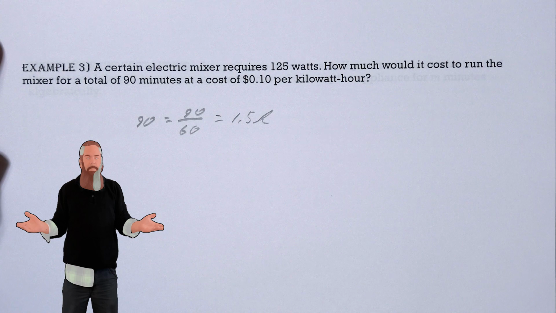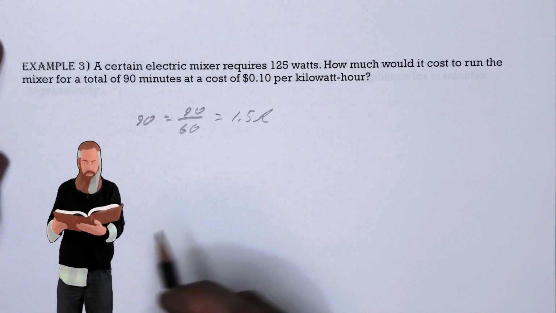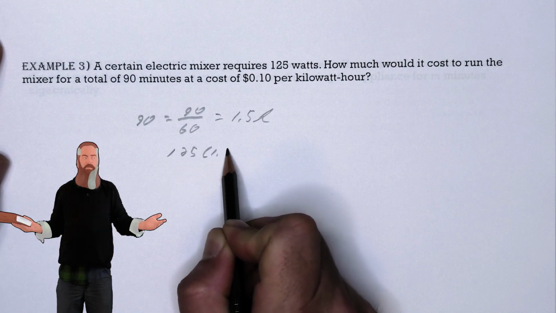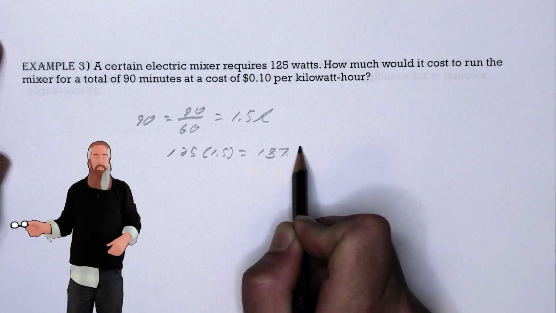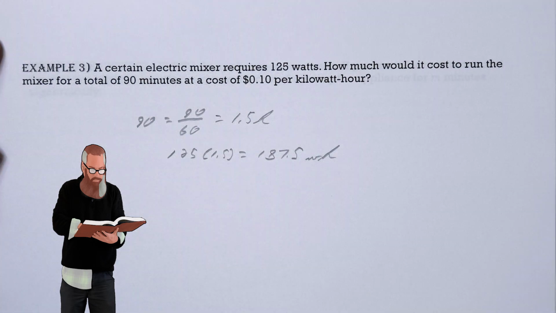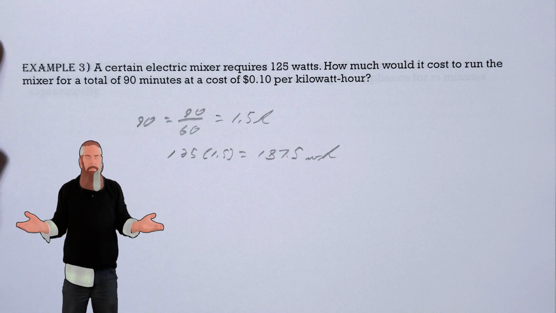The number of watt hours is the product of watts and the number of hours the appliance is used, meaning 125 times the 1.5 we just figured out is going to give us 187.5 watt hours. Electric usage is billed by the kilowatt hour, which is 1,000 watt hours.